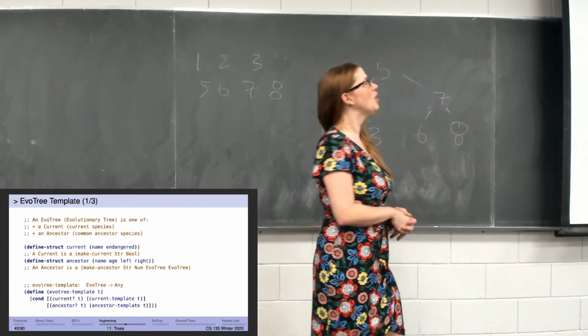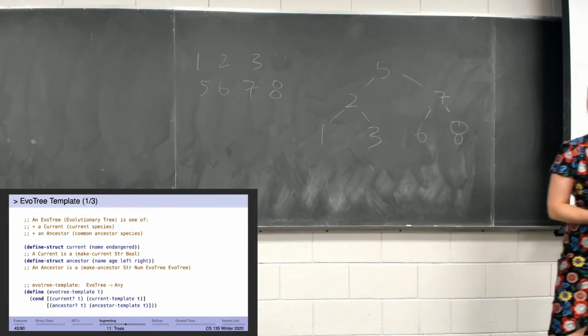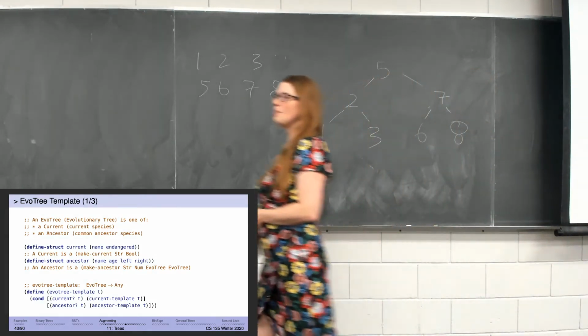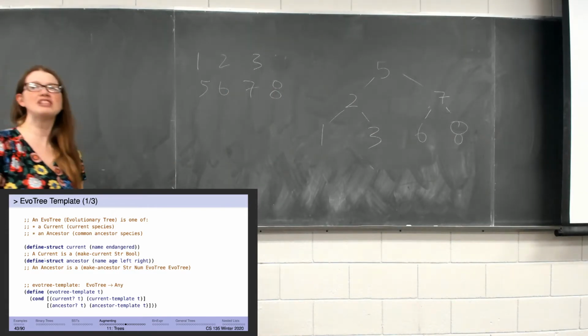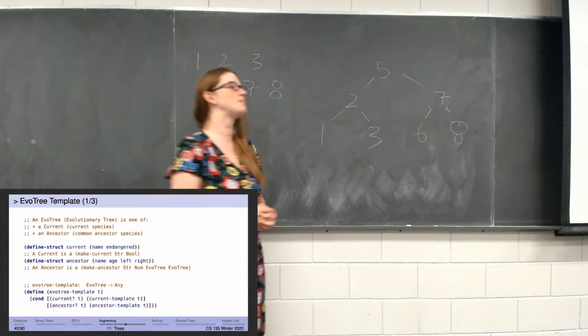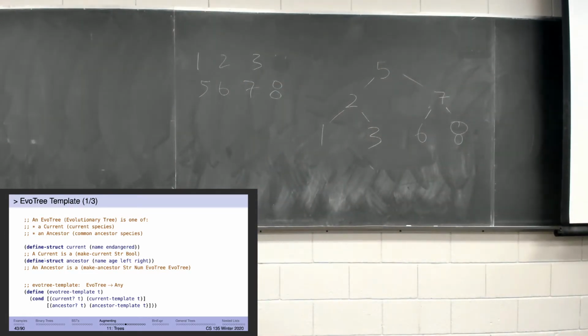I'm not a biology person. All right, so our Evo tree is either a current species or an ancestor, so it's either a leaf or an internal node. We have a mixed data type, which means that our template for an evolution tree is going to have to take into consideration there are 2 different types of nodes. If we are a current node, then we run the current template. If we're an ancestor node, we run the ancestor template.